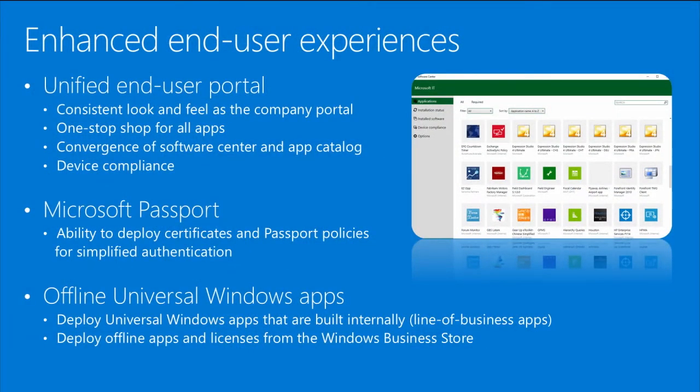To wrap up on some of the key features we're adding with Config Manager vNext and with Windows 10 is enhanced user experiences. Like I mentioned before, there's the consistent look and feel of the company portal combining System Center and Software Center and the application catalog.